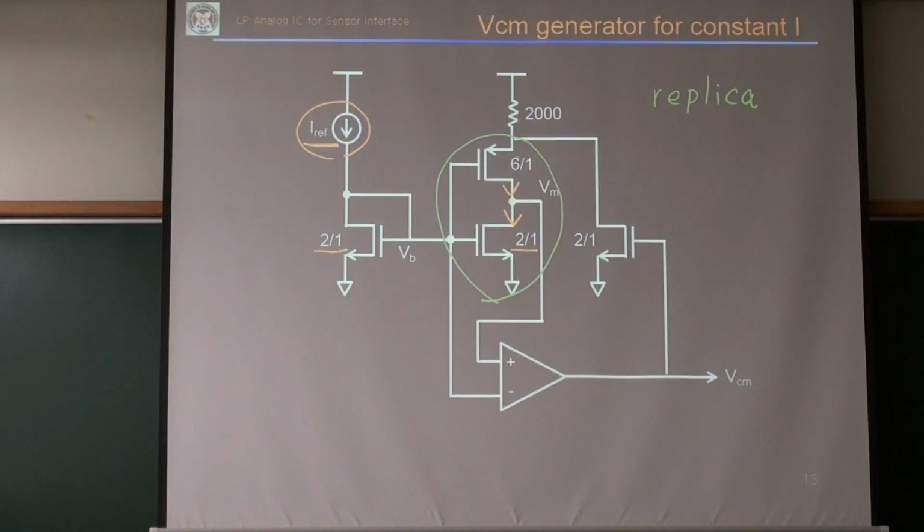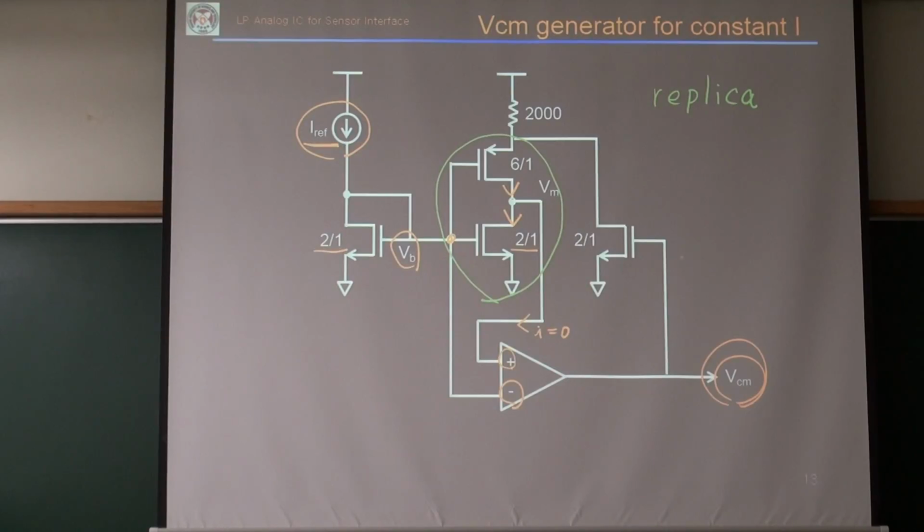This current should be always also IREP, right? Because this current is 0. Then I have a differential amplifier, so connecting this one to minus input node, this voltage VM connected to plus input, and then generate some VCM voltage apply here, right?